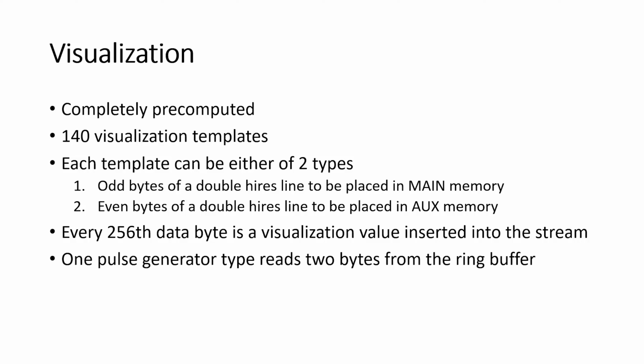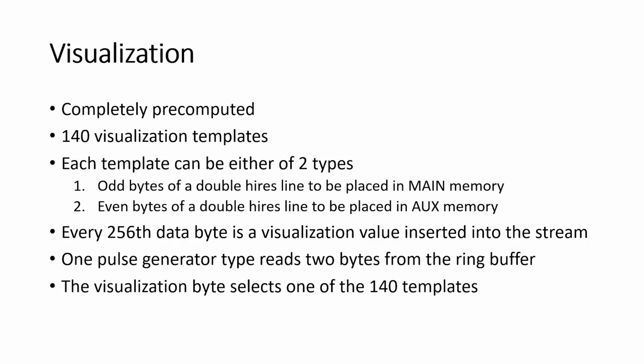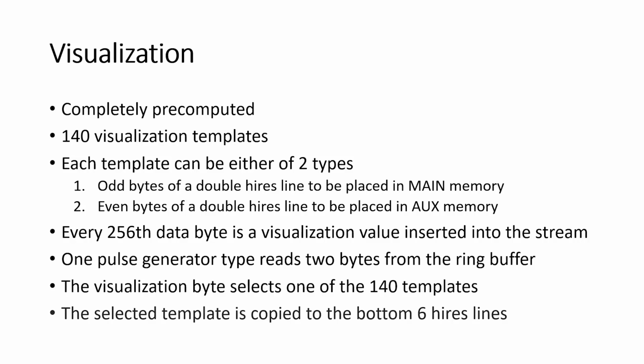There's one pulse generator type that therefore reads 2 bytes from the ring buffer, the usual audio byte and the additional visualization byte. That visualization byte selects one of the 140 templates. Then the selected template is copied into the bottom 6 high-res lines by the 2 pulse generators.